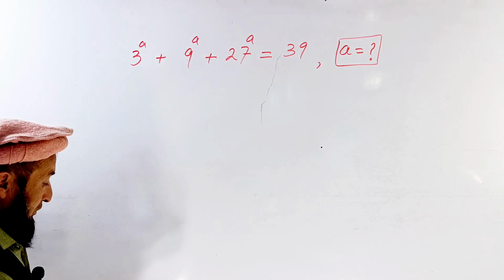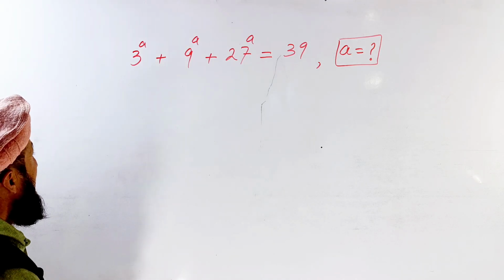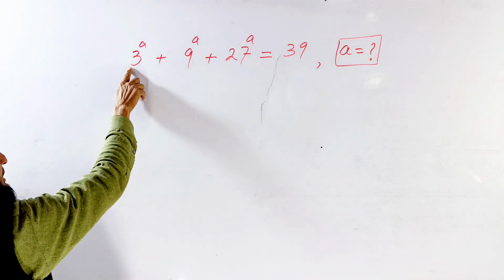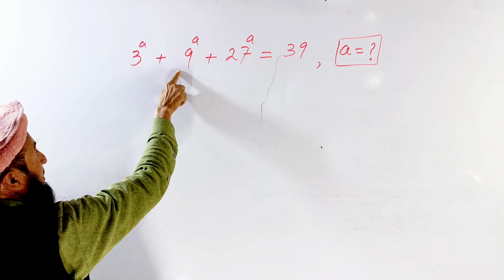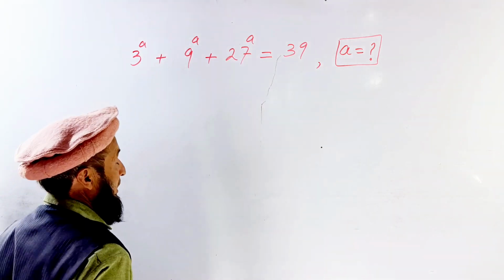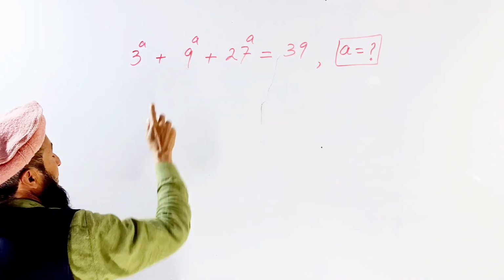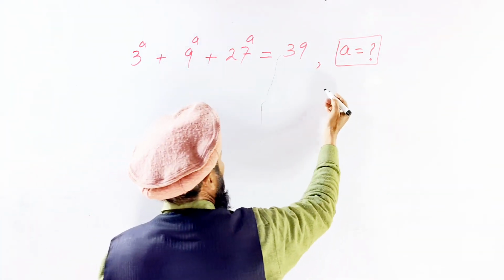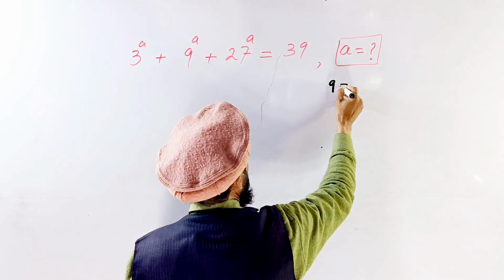integers. We use simplification here. The base is 3, so we require the base to be 3 everywhere. We can write 9 is equal to 3 square.